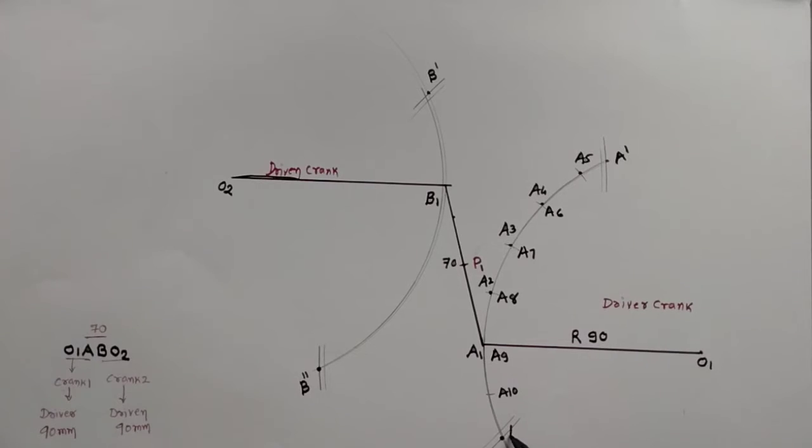So I am considering this point A11. Then upper movements, it is A12 and A1. Your one oscillation is completed. Now you have to take the radius length of connecting rod AB. It means 70 mm.